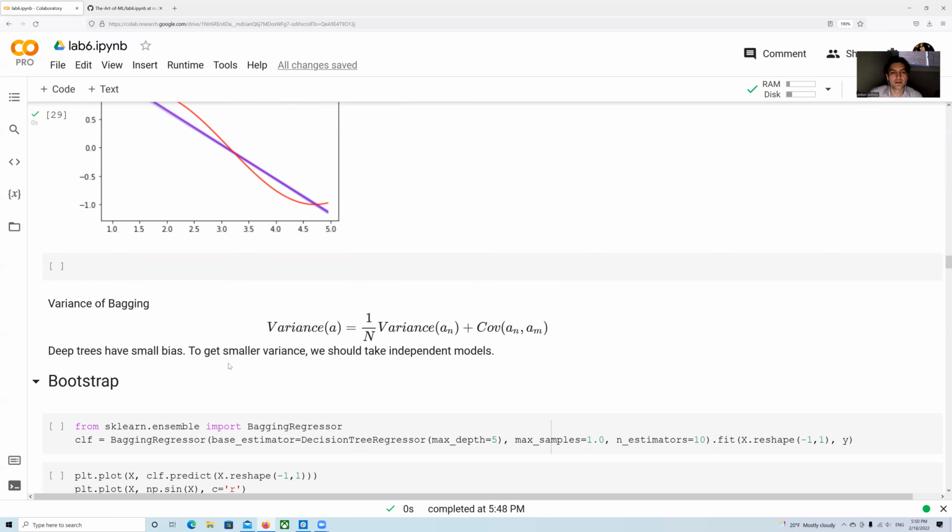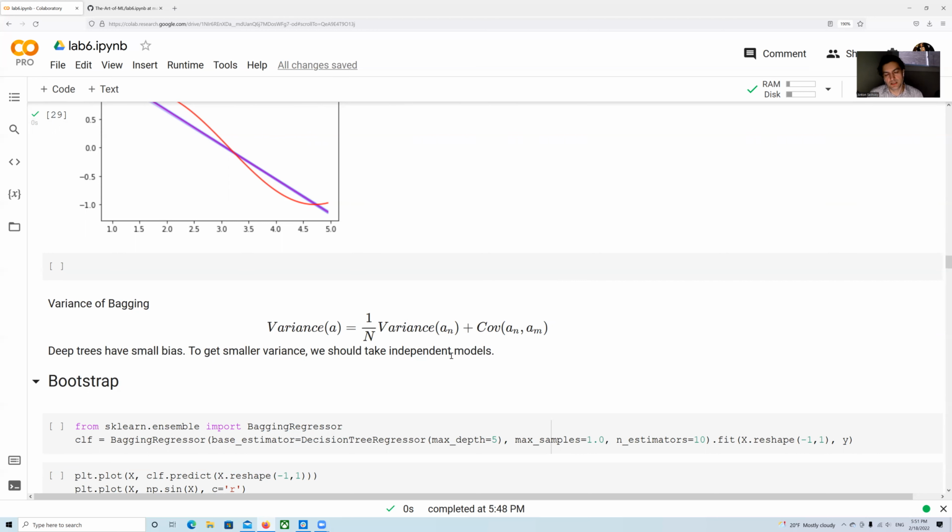And here the idea of Bootstrap appears. If we want to make our models more independent, we can try to make their predictions more independent.